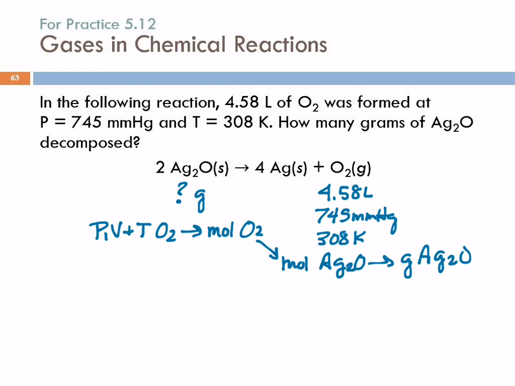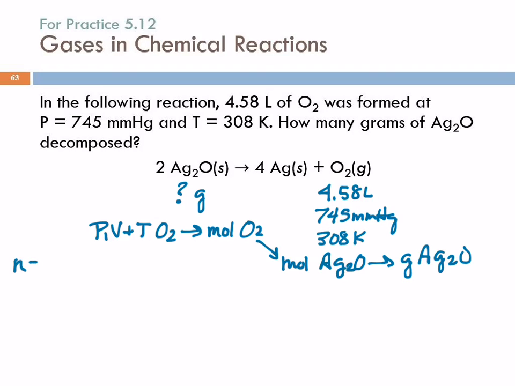Any questions about the path? So how do I find moles of oxygen? Is that dimensional analysis? Not really, right? That's ideal gas law. So we're going to use the ideal gas law to calculate the moles of oxygen.